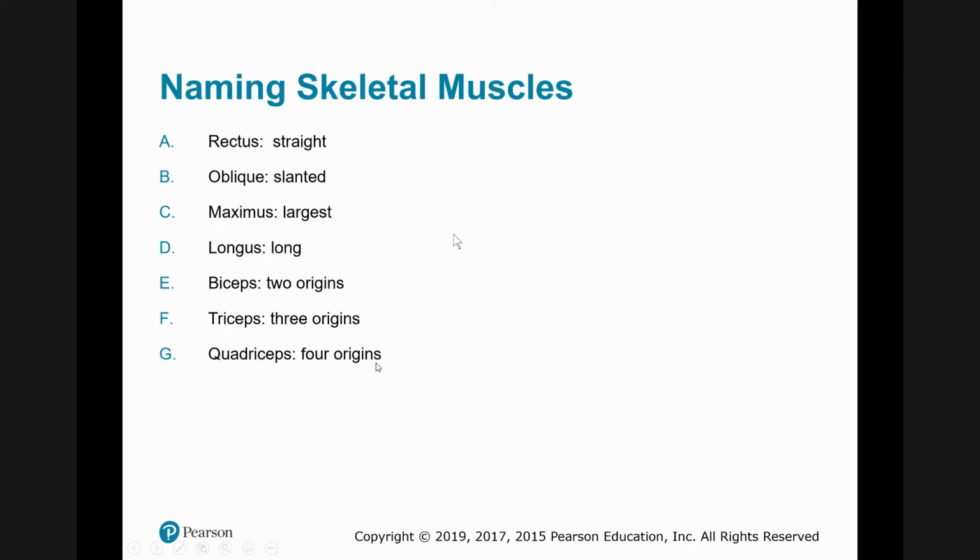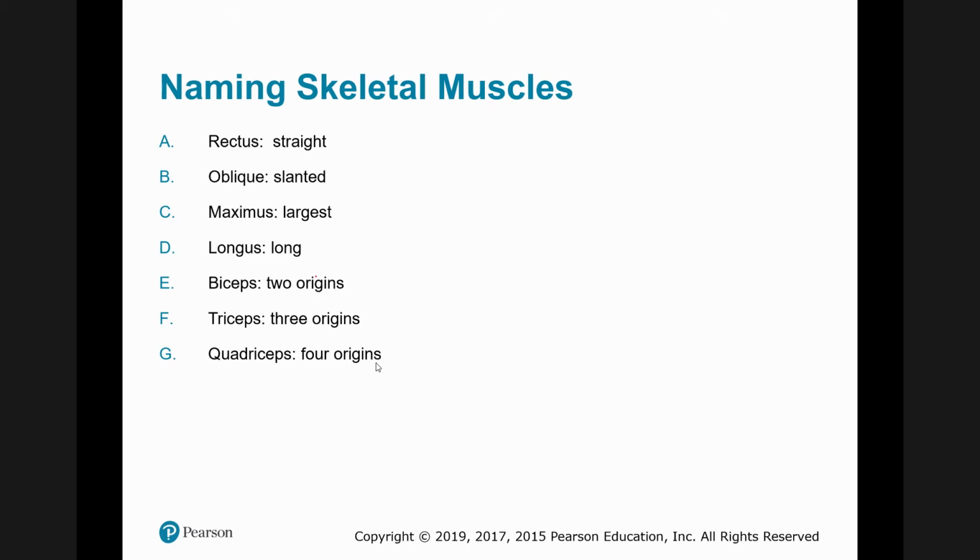Naming skeletal muscles. So how do we name the muscles? The way we name the muscles is based on the orientation. Rectus means straight, oblique is slanted, maximus means largest, longus means long, biceps means two origins. As I said, origin and insertion.